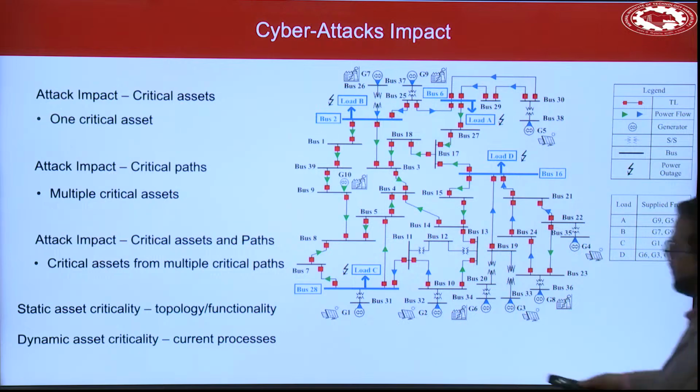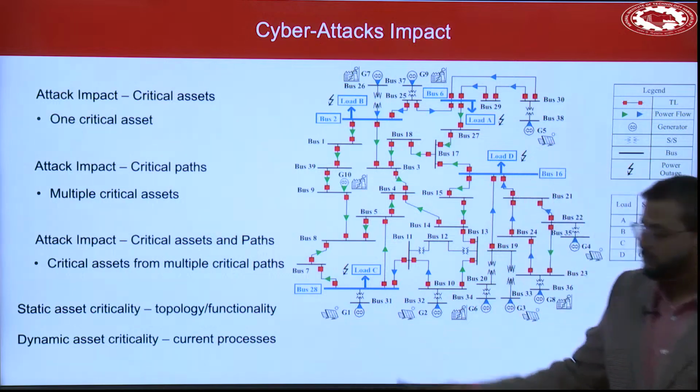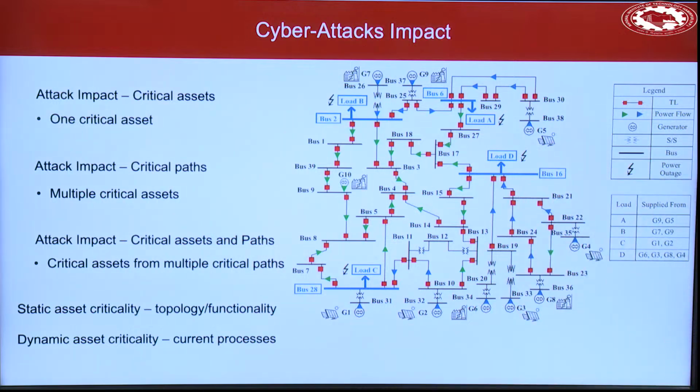So we look at the static assets, as I said, but we also look at some dynamic assets, which are not just the devices, but the processes themselves, the functions, the data, which are critical to the system. And then you run the experiment. What if someone captured that data? What if someone changed the process, changed the code, say somebody compromised a PLC and changed the logic?